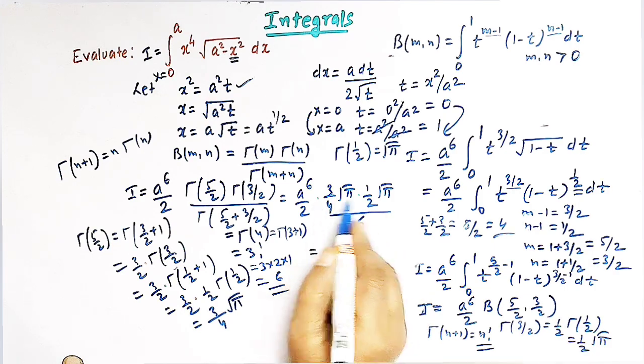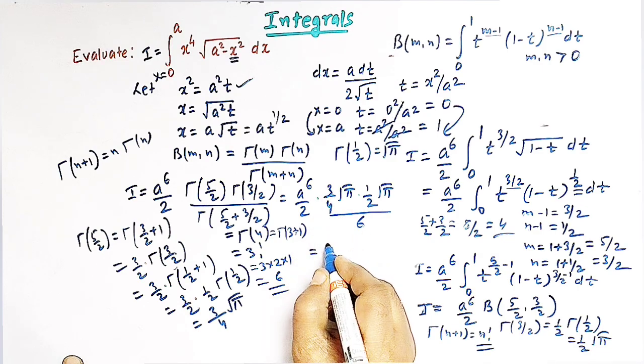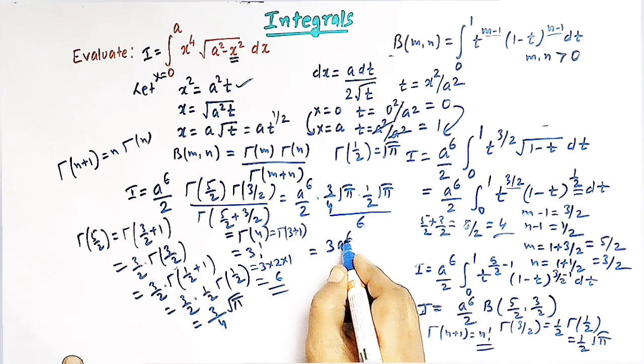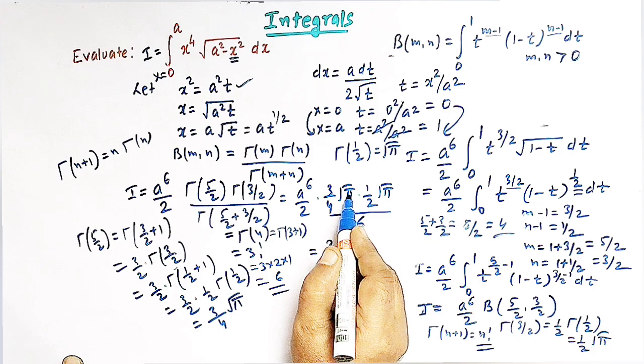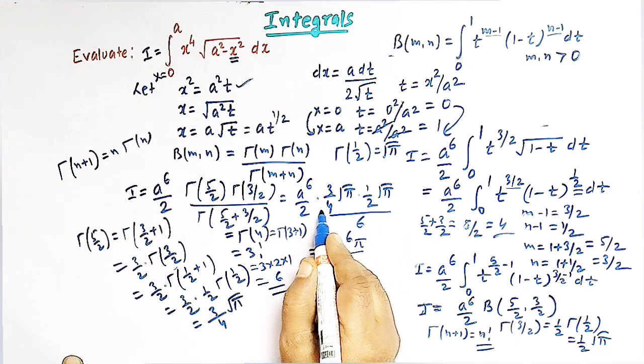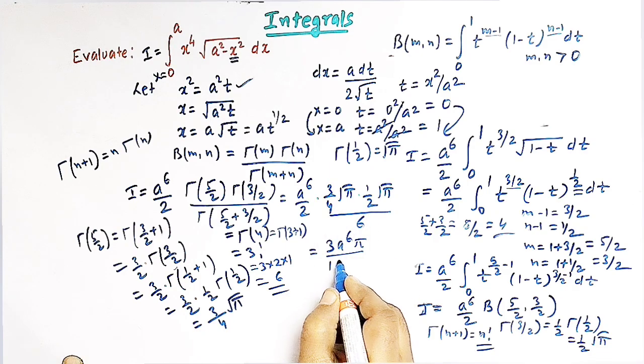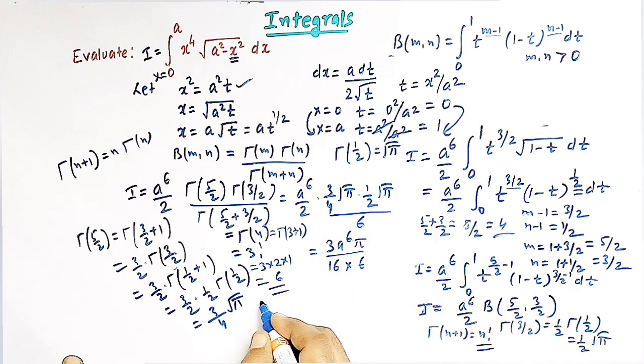So now simplifying this expression, we have 3a raised to 6, and then root pi times root pi is pi, and here we have 2 times 4 is 8, 8 times 2 is 16 times 6, right?